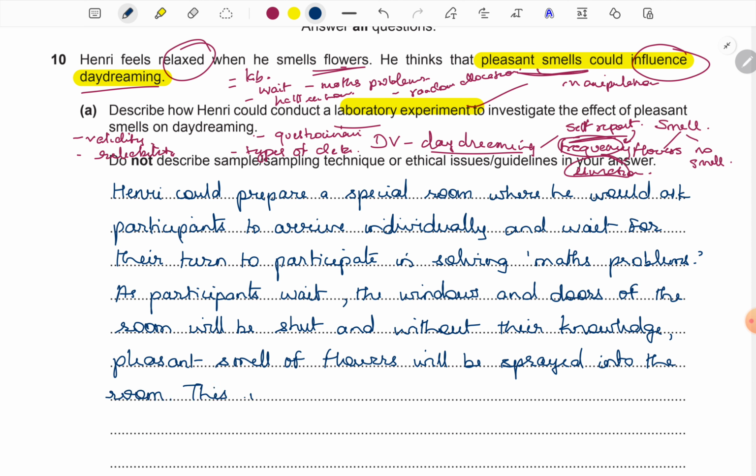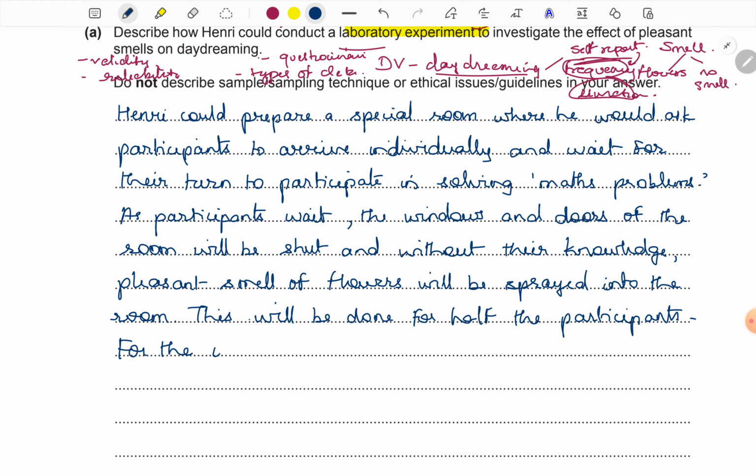This will be done for half the participants. For the other half, no smell will be sprayed.